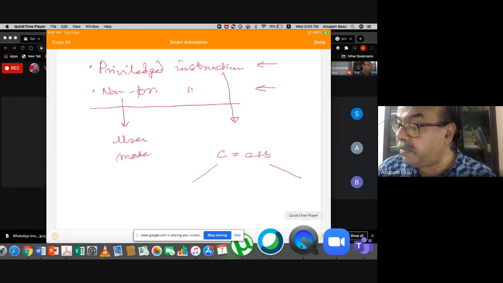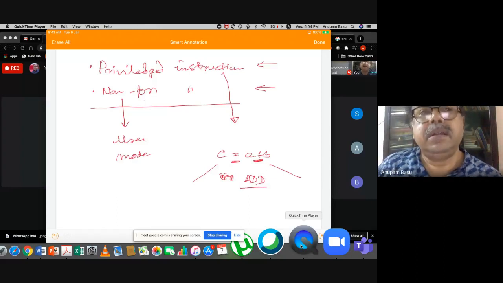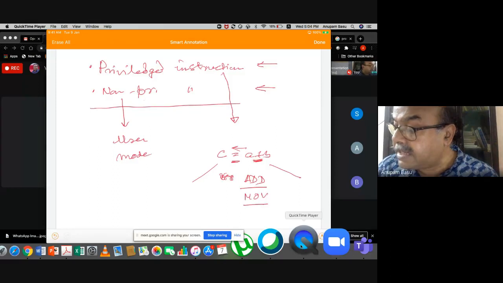Say, read A, read B, then this addition and this assignment. Now this addition is equivalent to add, which is an assembly level instruction. Similarly, this assignment is nothing but a move instruction, assembly level.